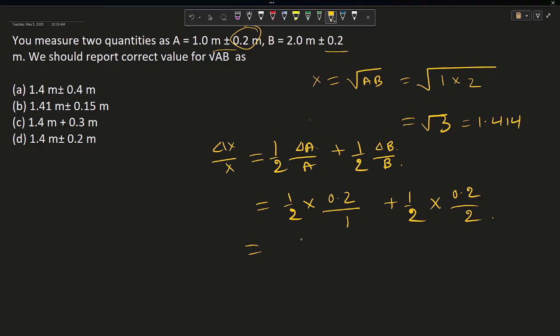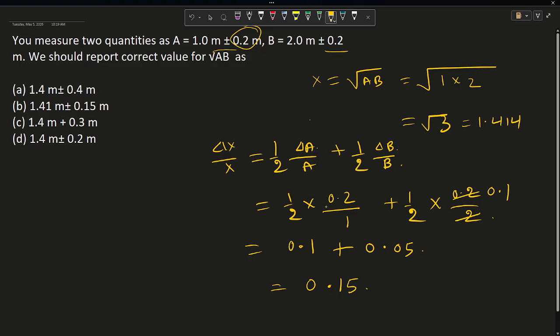So it will be 0.1 plus 0.1 by 2, 0.05, so 0.15.